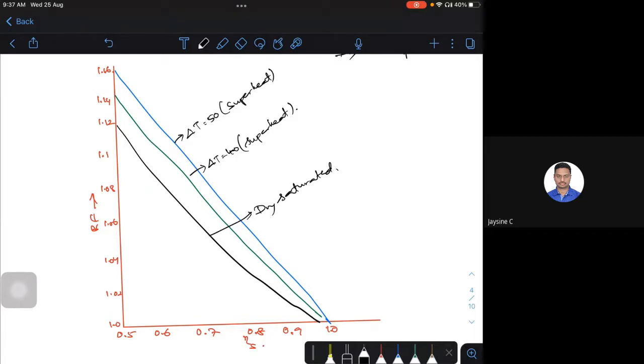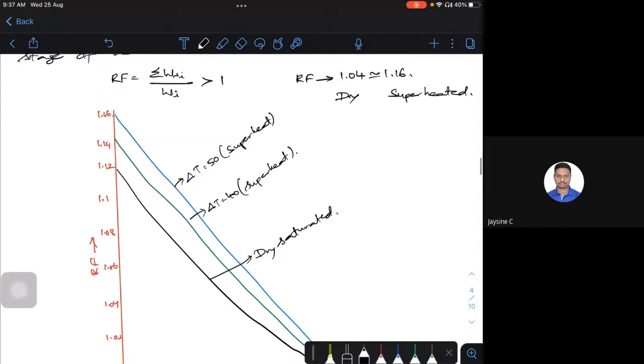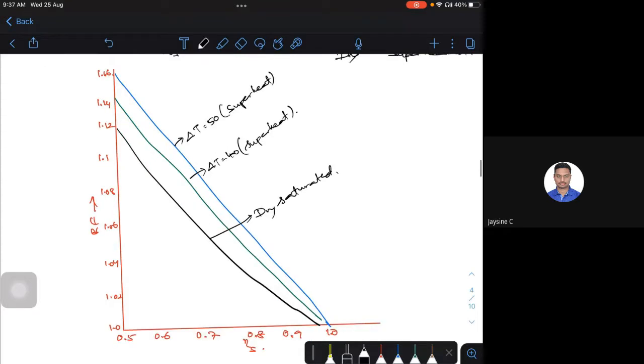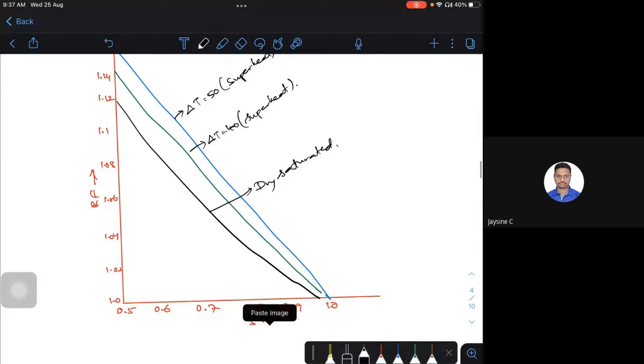Or simply, roughly for a reheat factor between 1.04 and 1.16, for a delta T of 100 degrees Celsius, I should be able to fix your RF. And once I fix this RF, I'll be able to get the corresponding stage efficiency.